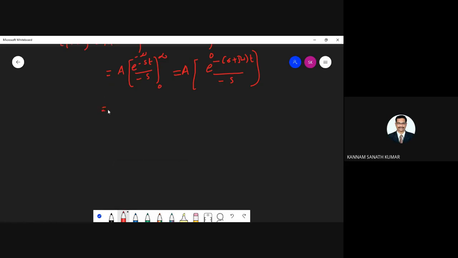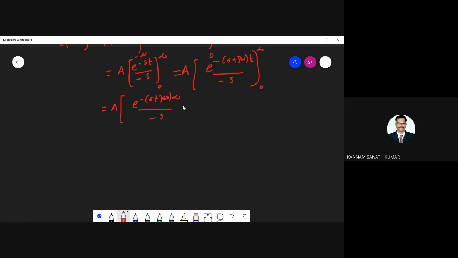Now apply the limits. A into e power minus sigma plus j omega into infinity, the upper limit, divided by minus s, between the integral 0 to infinity.